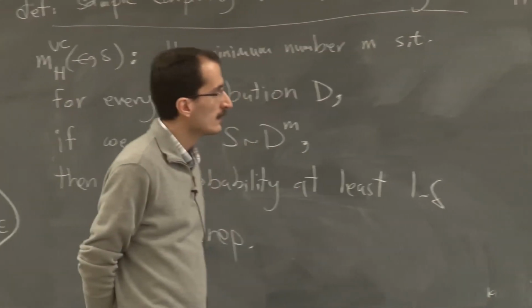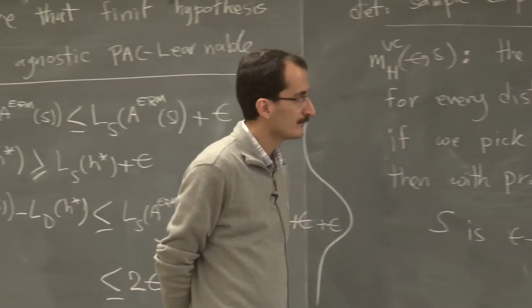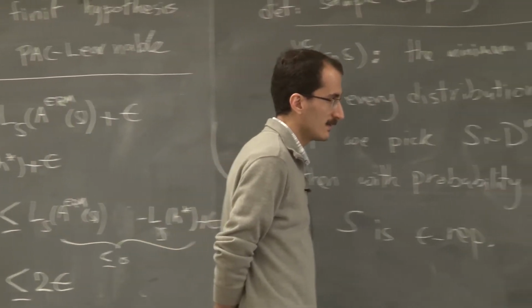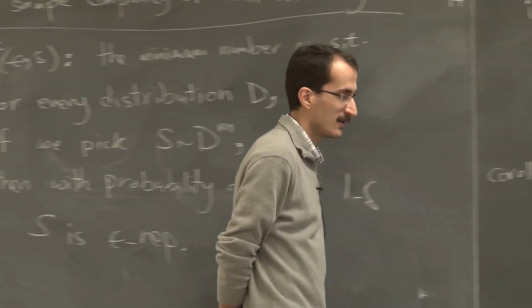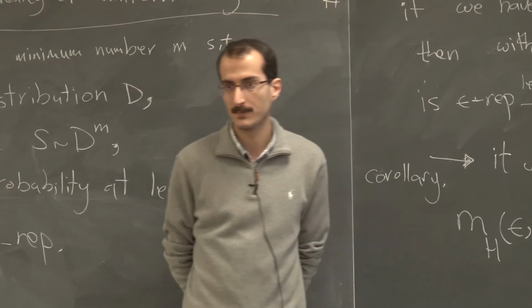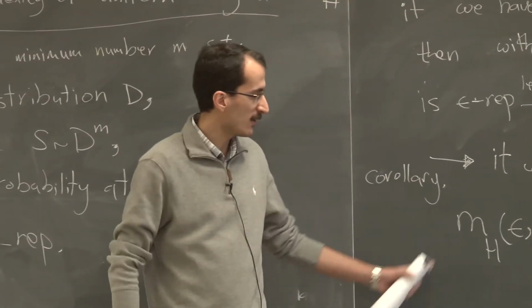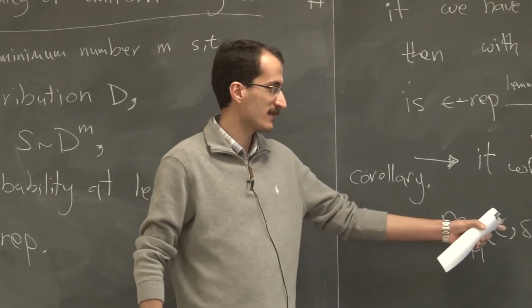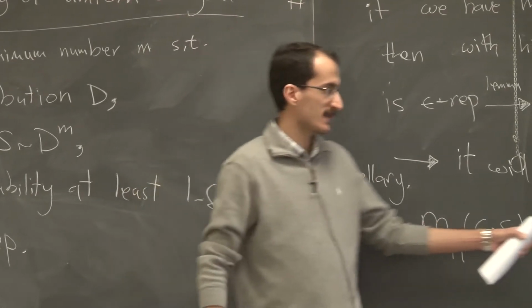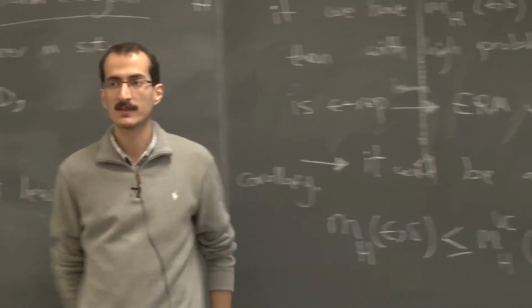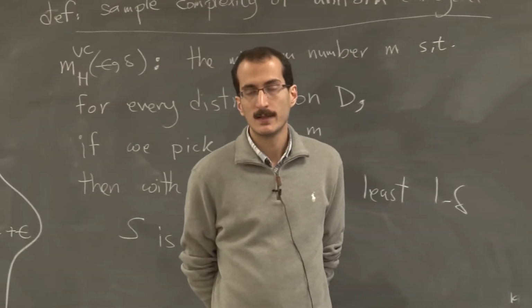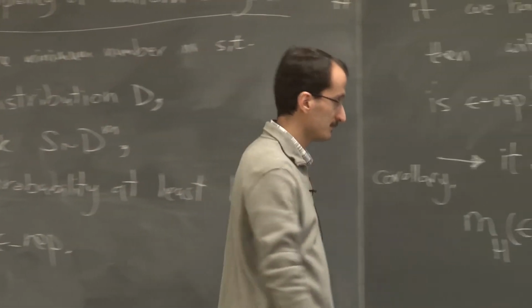Okay, so now we will go to the technical part of the proof. In order to upper bound the sample complexity for this one, we can instead upper bound the sample complexity for the other one.